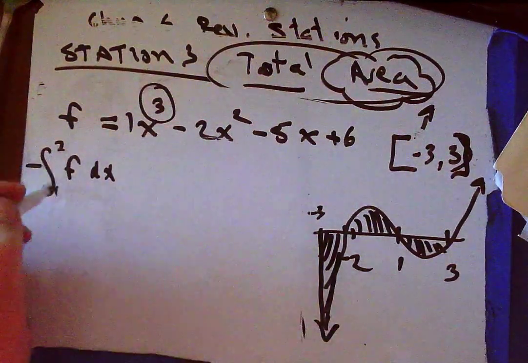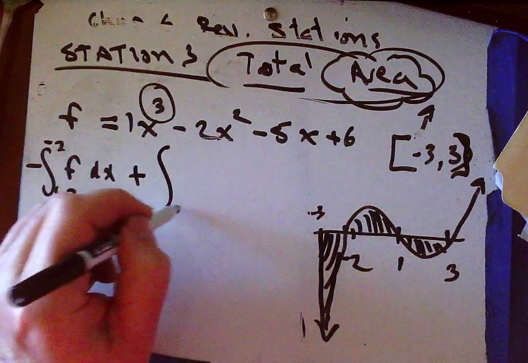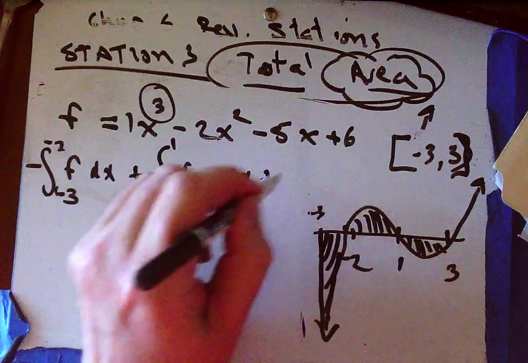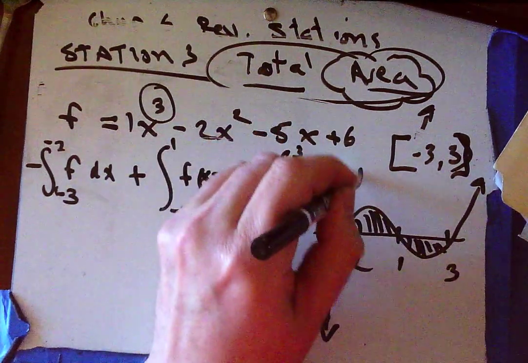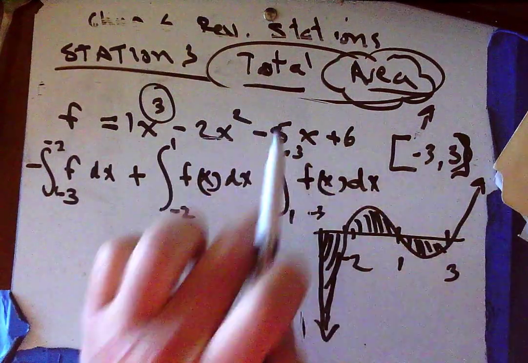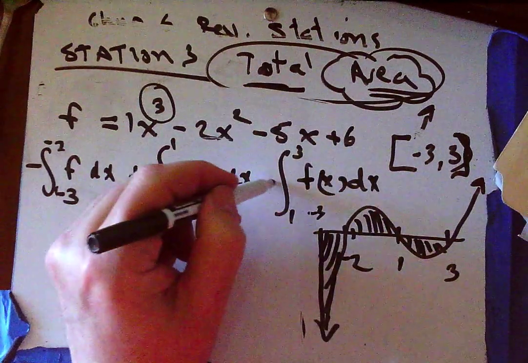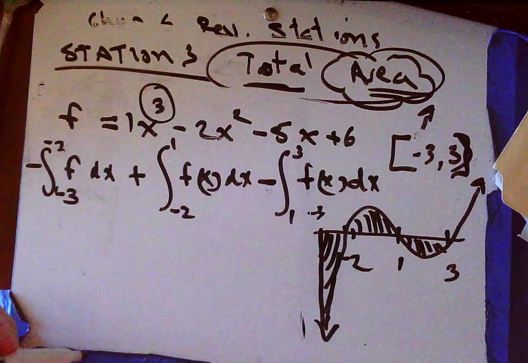And that was -3. -3 to -2, plus the integral from -2 to positive 1, plus the integral from 1 to 3, except, see, I caught it the third time. See how this is below the axis? Well, that means that that integral will be a negative number, but since I'm looking for total area, I'm going to have that minus there.